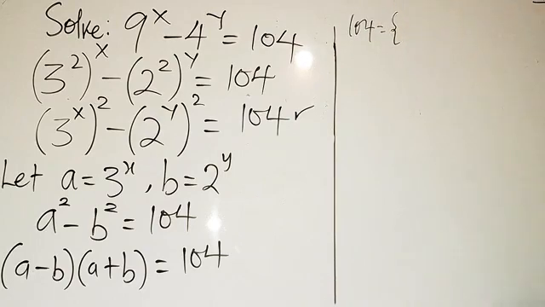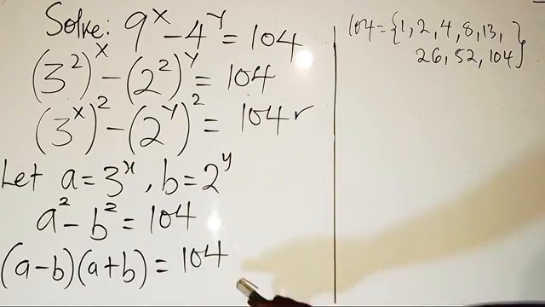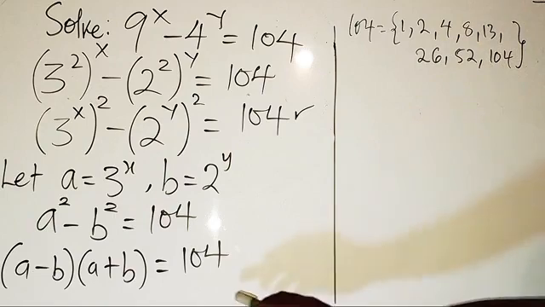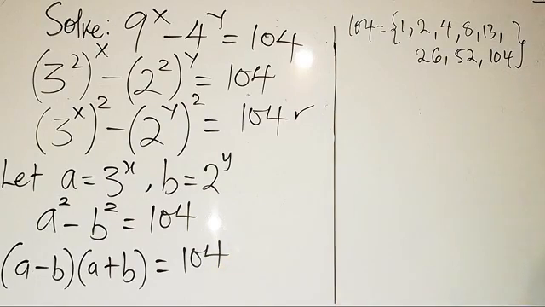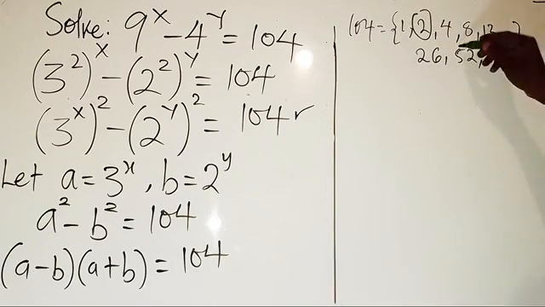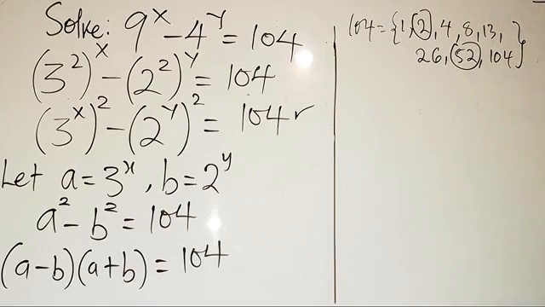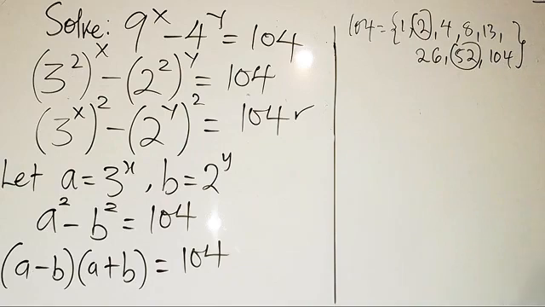The factors of 104 are, we have 1. So these are the factors of 104. But now the idea is that out of these factors, I want to see which pair can be multiplied to give 104. That is, when you pick the two, it will give us 104. So I will pick 2 and 52. That's the one that can give us 104, because 2 times 52 will actually give us 104, right?